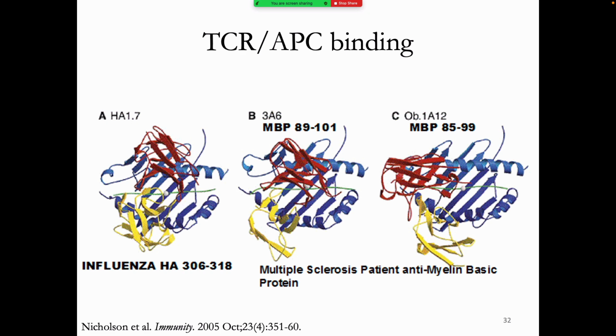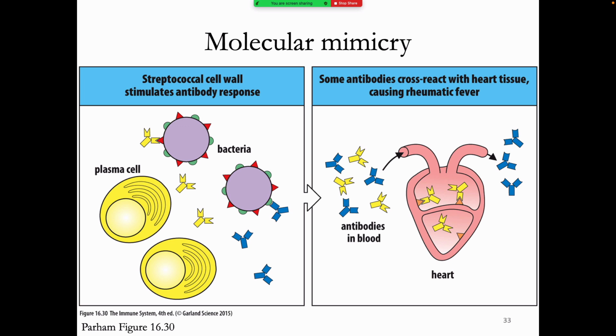In addition, all of these examples of molecular mimicry that I've shown you are T cell examples, but this is not limited to just T cells. This phenomenon also happens in an autoimmune disease that involves antibody molecular mimicry. Particularly in this case, there is a bacterial infection with a particular type of streptococcus.